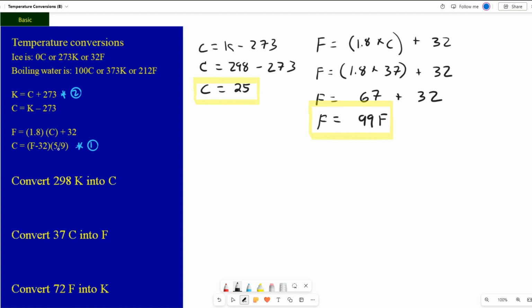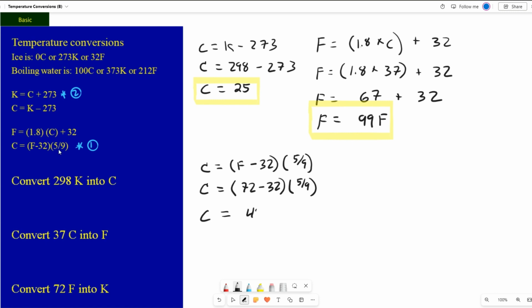We'll go to Celsius first. Celsius is equal to Fahrenheit minus 32, and then times 5/9. So Celsius is equal to our 72 degrees minus 32, and then multiplied by 5/9. 72 minus 32 gives us 40, and then multiplied by 5/9.